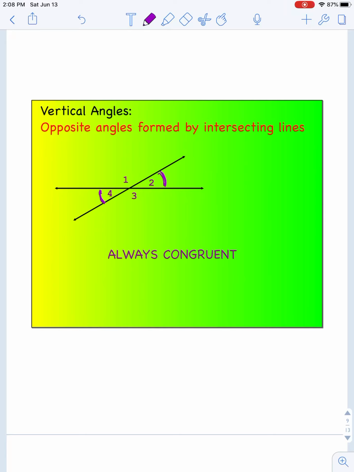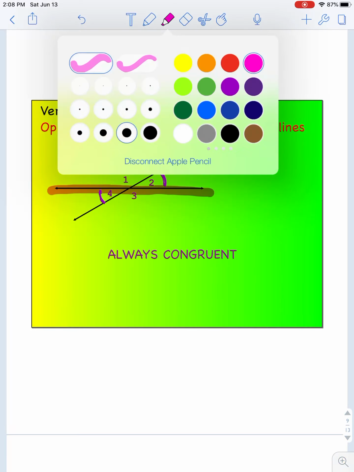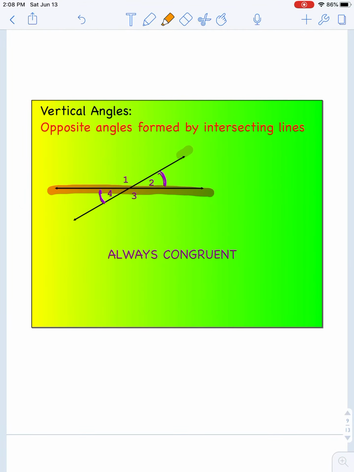Vertical angles are opposite angles formed by intersecting lines. So what you have here is you have this line right here, we have this line right here, and we have this line right here. So we have these intersecting lines, and the angles opposite each other are always going to be congruent.